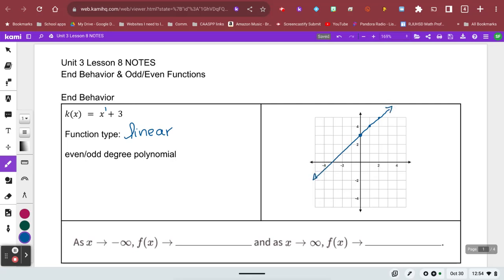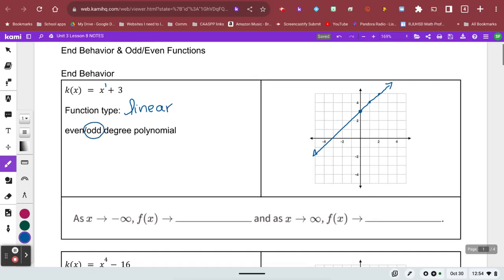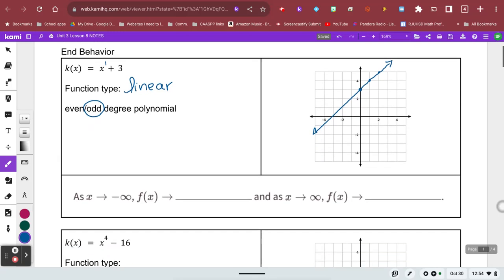This one, we're going to find out it is an odd function. We'll go over a little bit of odds and evens a little bit later, but let's see what you know. As x goes towards negative infinity, going this direction, what is the graph doing?